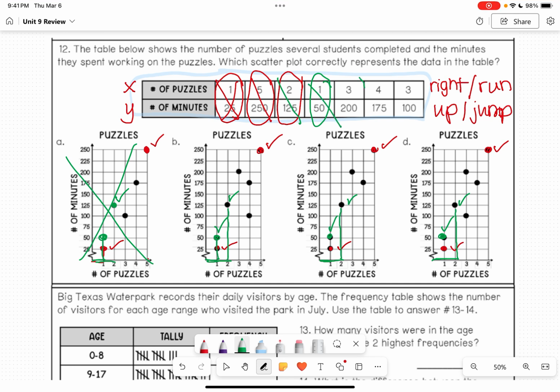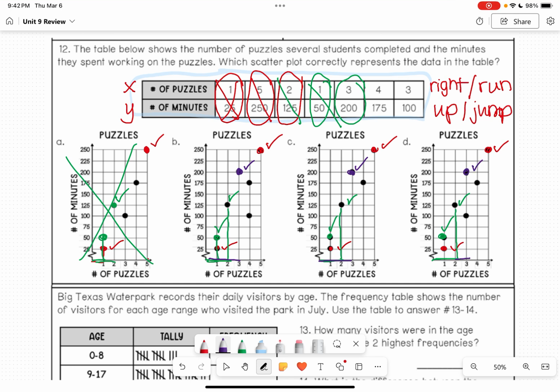Next set is 3 and 200. So run to 3 and go up to 200. So I'm going to change my color one more time. 3 and go up to 200. And yes, there is a dot right there. 3 and go up to 200. Yes. 3 and go up to 200. Yes.